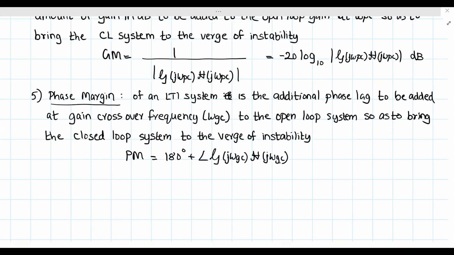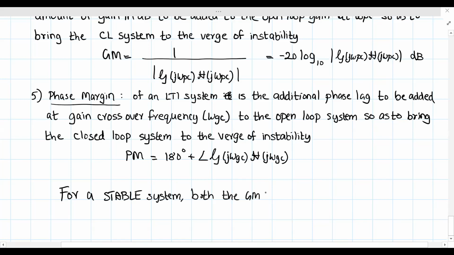For a stable system, both the gain margin and the phase margin must be positive.